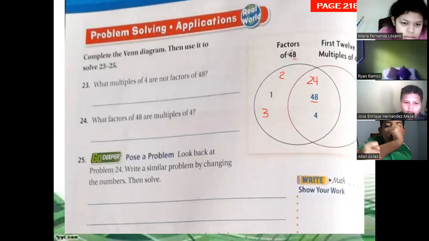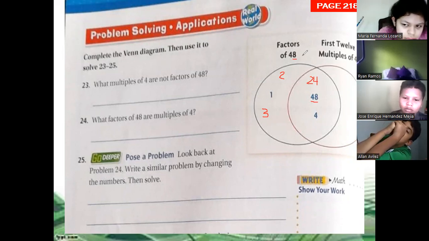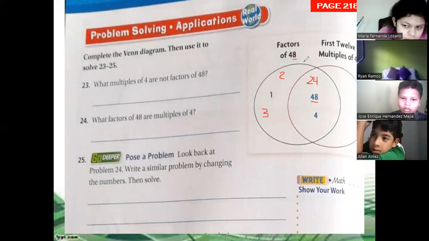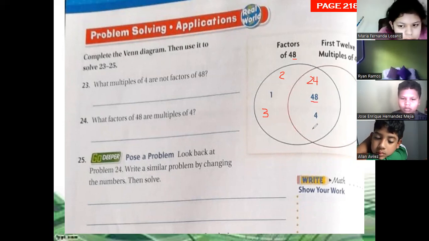Okay, let's check. 4 plus 8 equals 12. 12 divided by 3 equals 4. So yes, 48 is divisible by 3. So it is 3 times what number? 3 times 16.